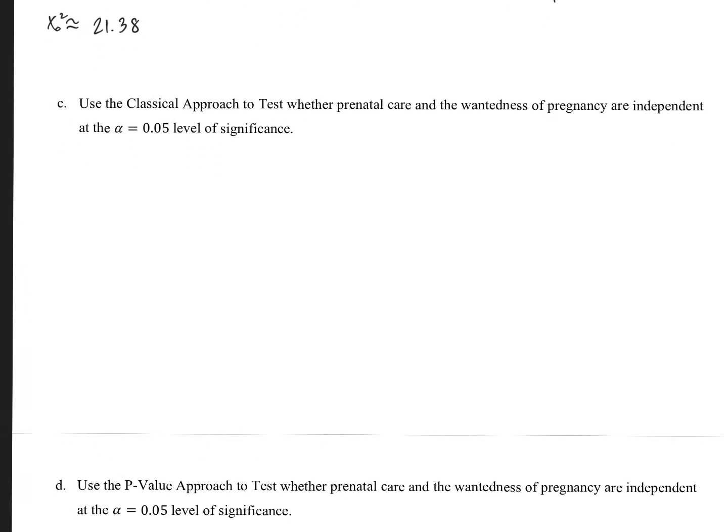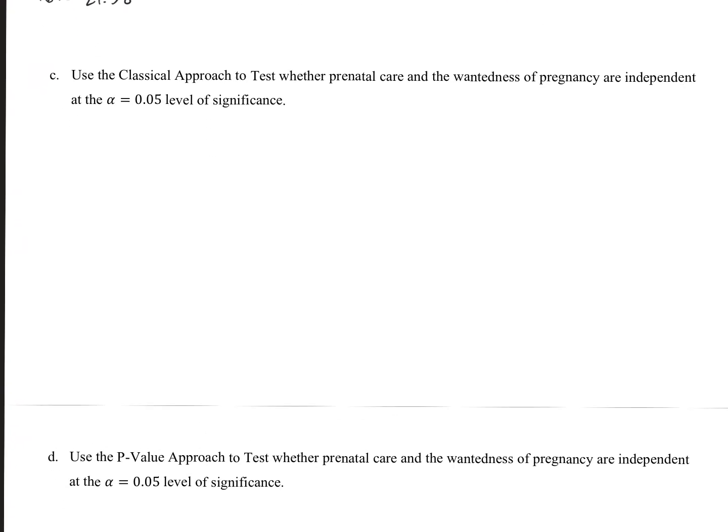Now, we're going to use the classical approach to test whether prenatal care and the wantedness of pregnancy are independent at the alpha equals 0.05 level of significance. For the classical approach, remember, we test to see if our critical value is less than our test statistic. If it is, then we reject the null hypothesis.